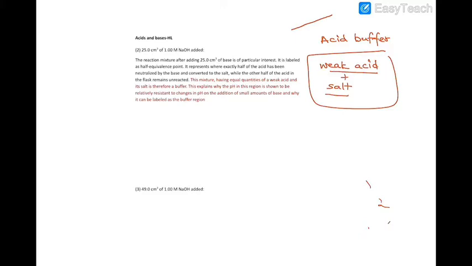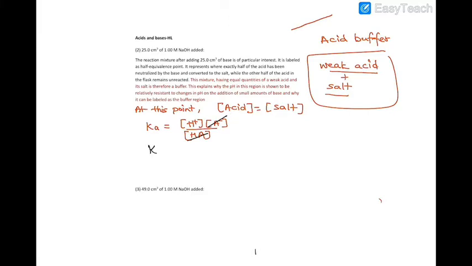And at this point, when exactly half of the acid has been reacted, the concentration of acid and the concentration of salt in the mixture is exactly the same. So because they are the same, in that expression here, we can see that [A−], the concentration of the salt, and the concentration of the acid will be the same, so they will cancel out. So at this point, Ka will be equal to the concentration of H+.